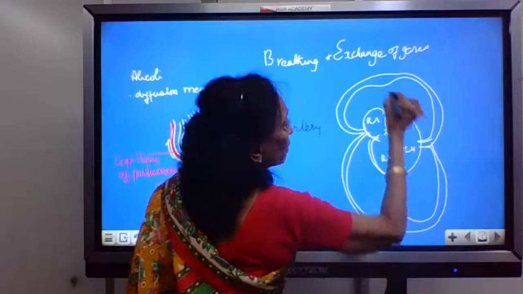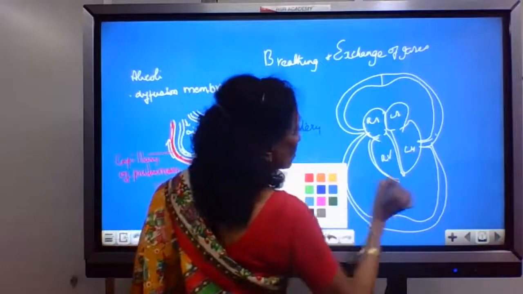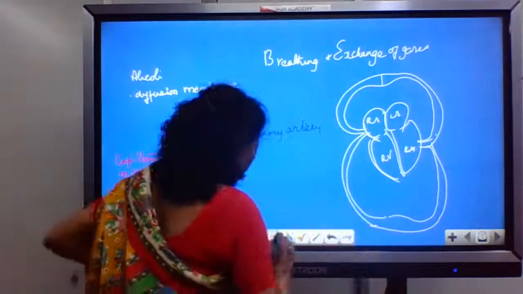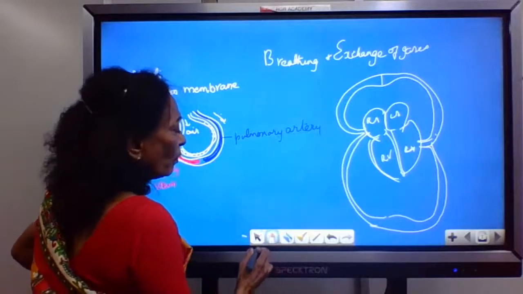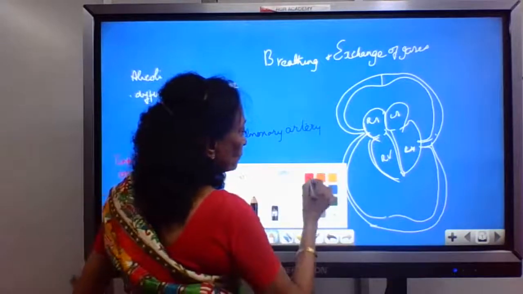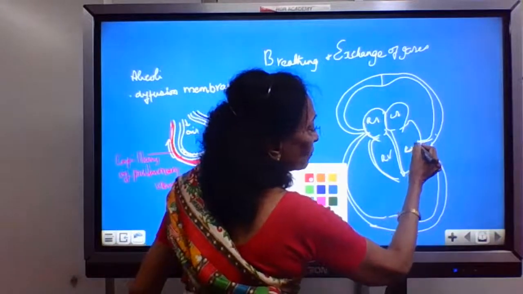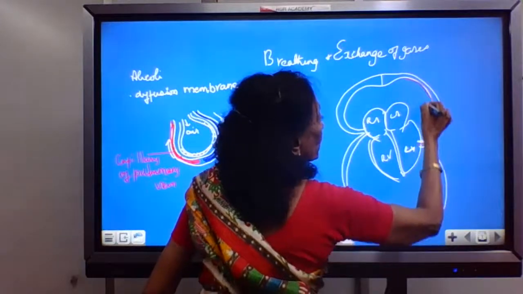So up to this you have oxygenated blood. Now the artery, the biggest, the aorta which comes out of the left ventricle, carries purely oxygenated blood.